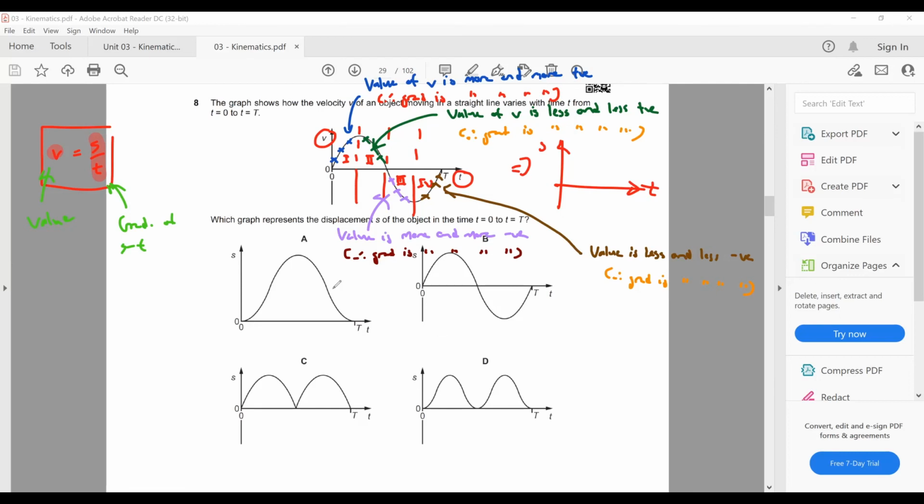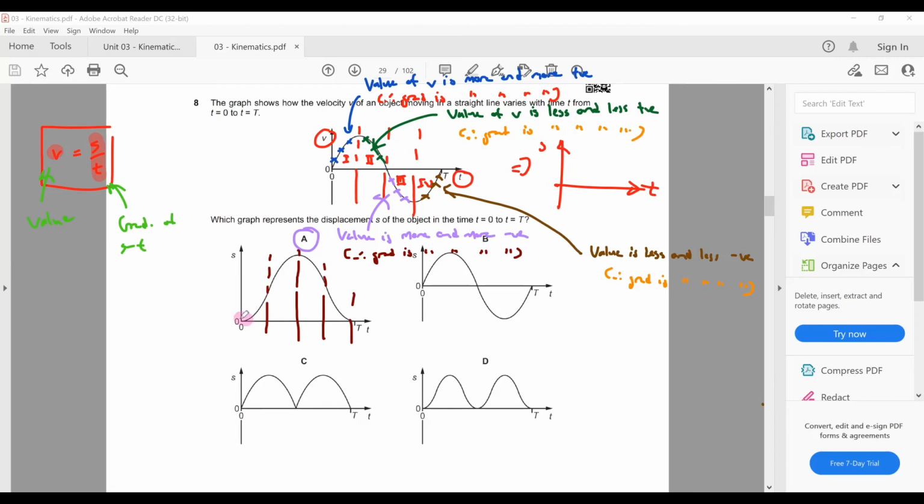So which of the graphs shows you that? It's actually supposed to be A, because if I were to divide this into 4 separate sections, like the ones that I showed to you here, 1, 2, 3, and 4, just look at how the gradient is changing.